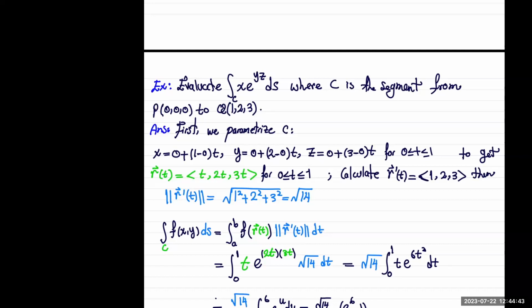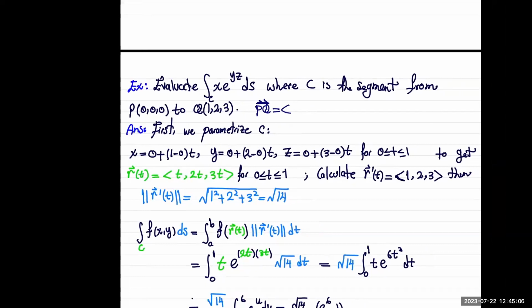You can't ignore that. It has to be the vector PQ from P to Q, not from Q to P. Find that vector PQ by taking the components of Q minus the components of P. It's just the vector <1, 2, 3>.